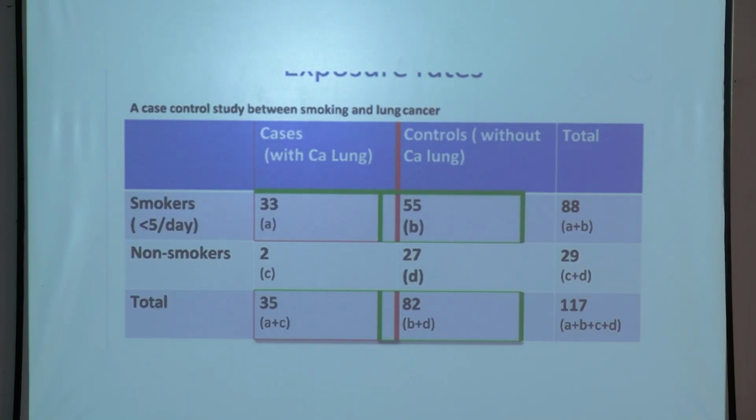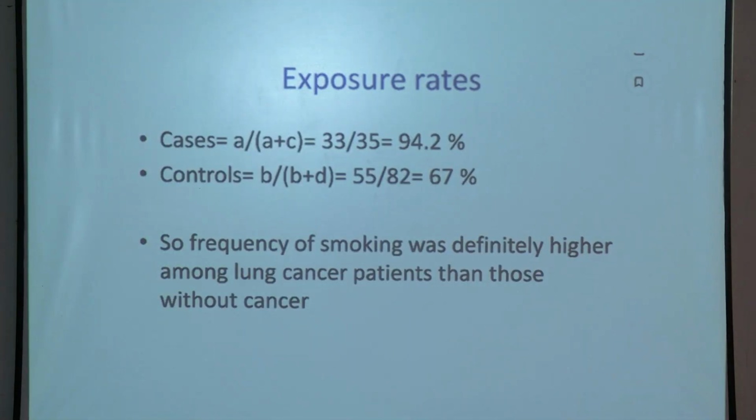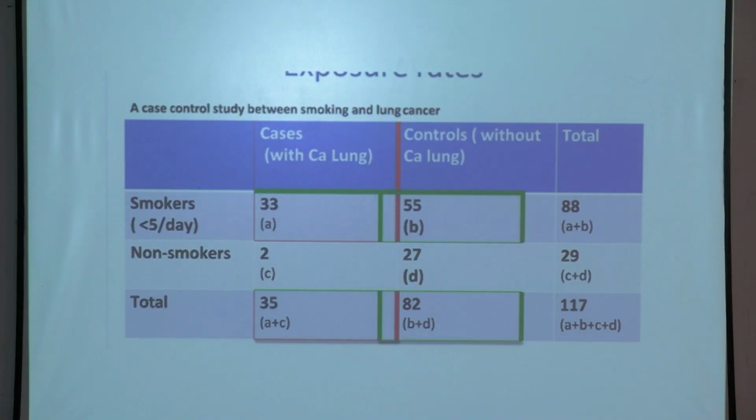Now I want to know the proportion of smokers among those who do not have CA lung. How many are smokers but do not have CA lung?